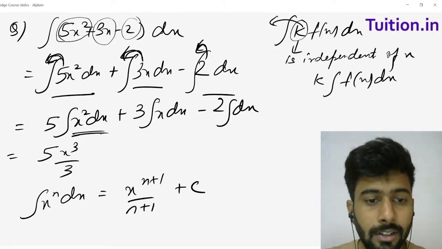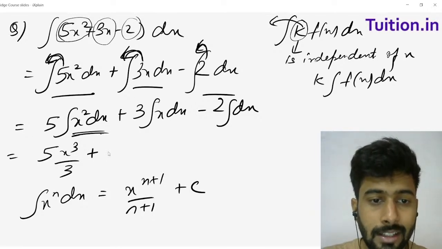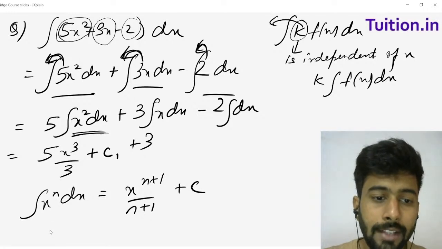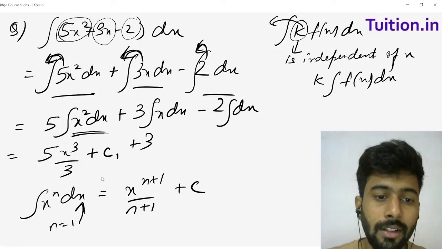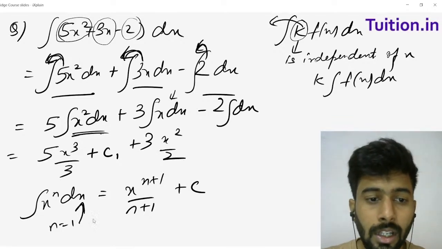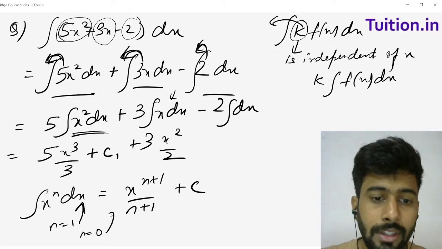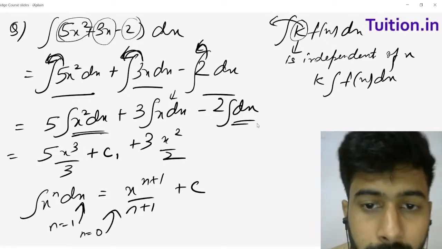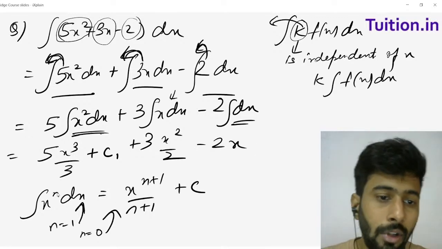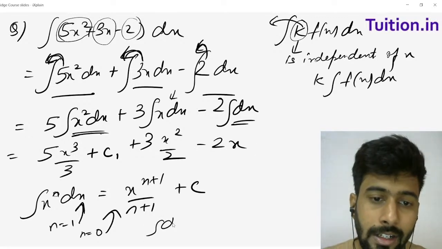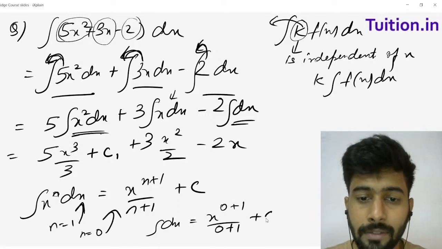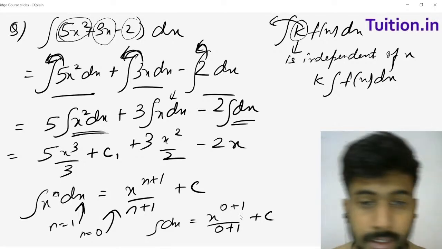Plus c, let's say c1 constant, plus 3 into, now put n equal to 1 in this to solve this integral, you will get x square by 2. Then put n equal to 0 to solve this integral. Integral dx is just x, right? Because if you put n equal to 0, it becomes x power 0 plus 1 by 0 plus 1 plus c. And that's x, correct?